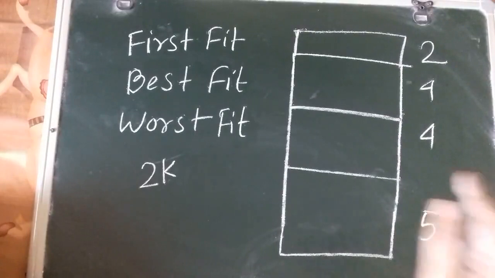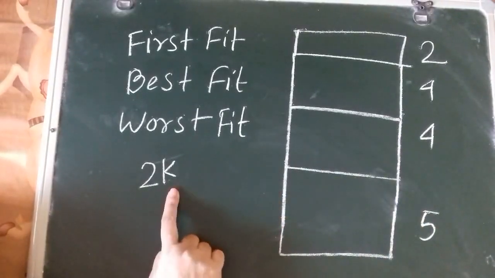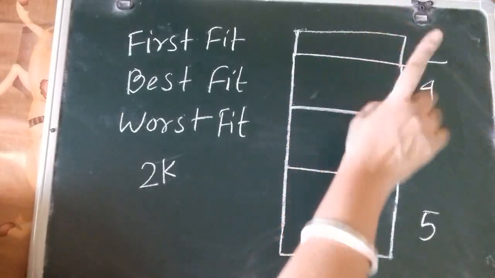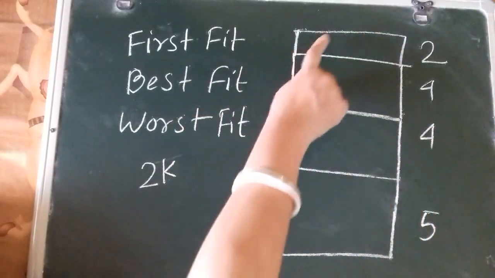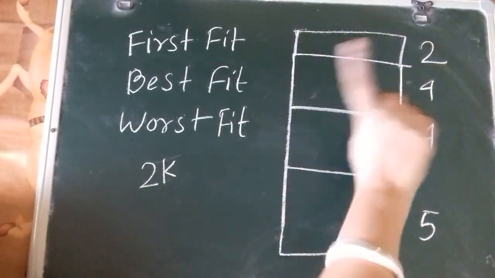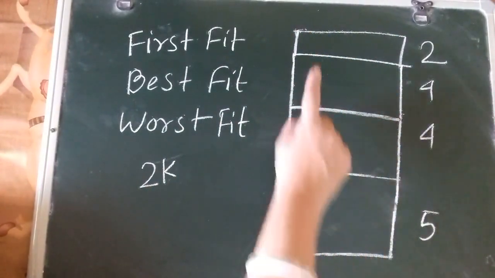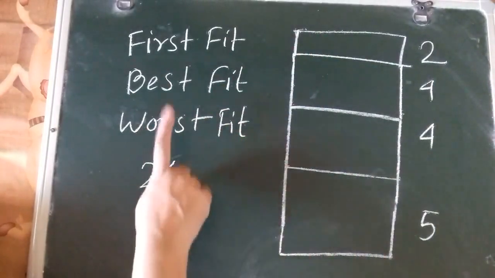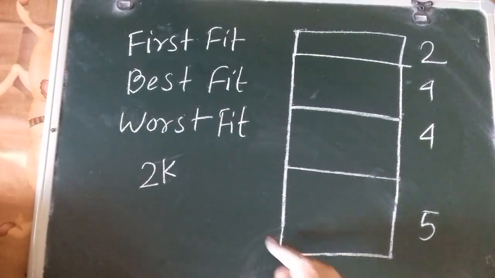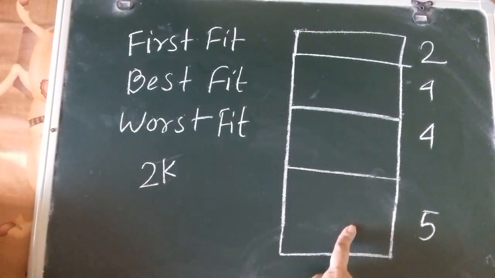According to first fit, if I have a 2k process in this situation, I should put it in the first location. Best fit is obviously this one, because for a 2k process, best fit means where there will not be any fragmentation generated. Worst fit means I should fit this 2k process into the largest available hole, which is 5k.